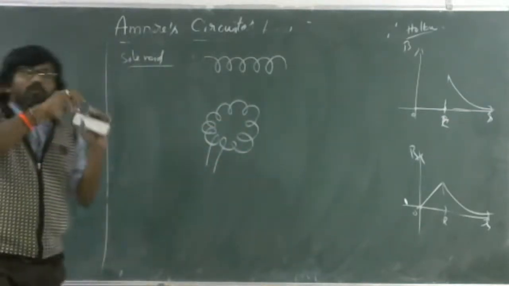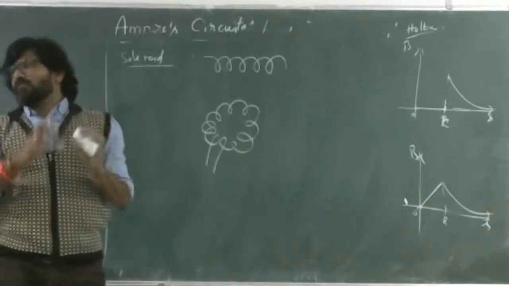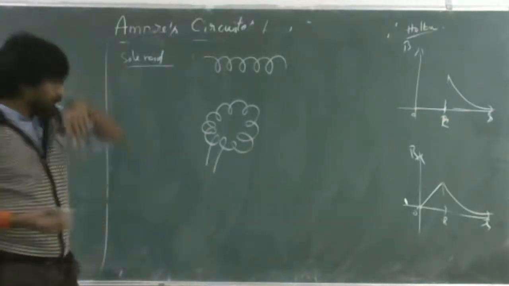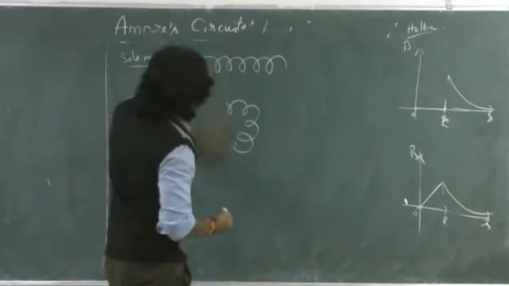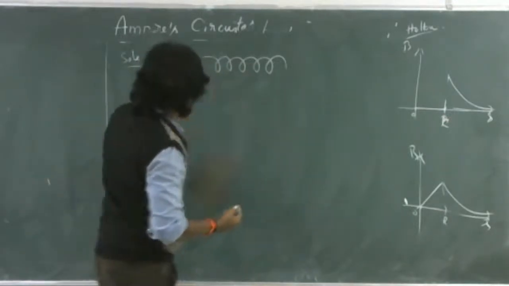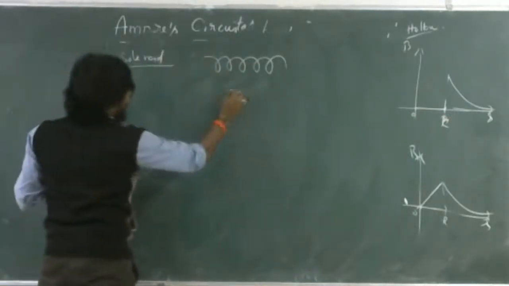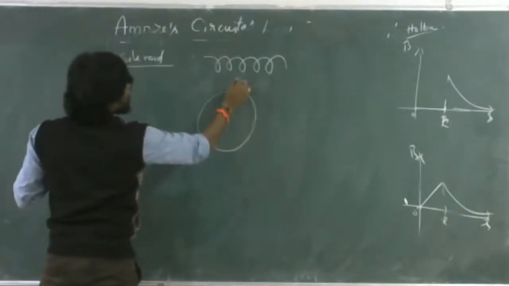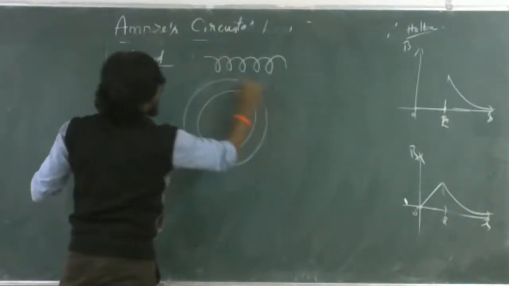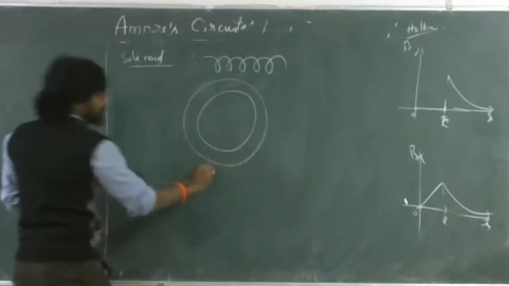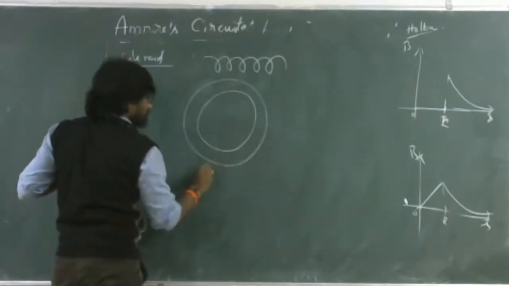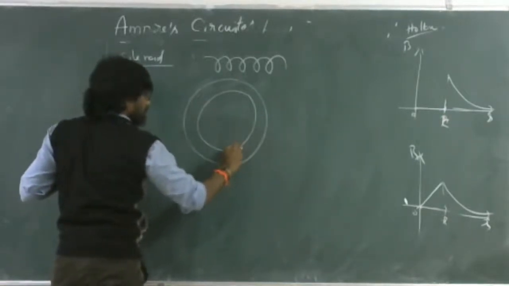This wire you can wound on some core. Let us try to understand this shape of a toroid with the help of a core. There is a core, and on this we are winding the wire.